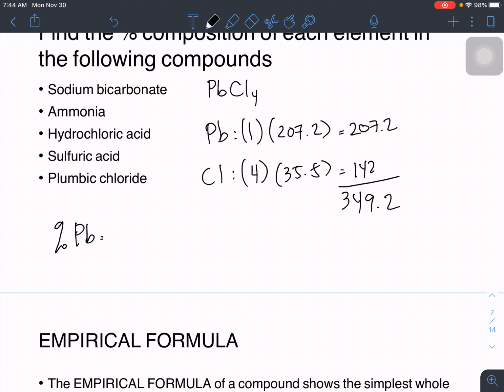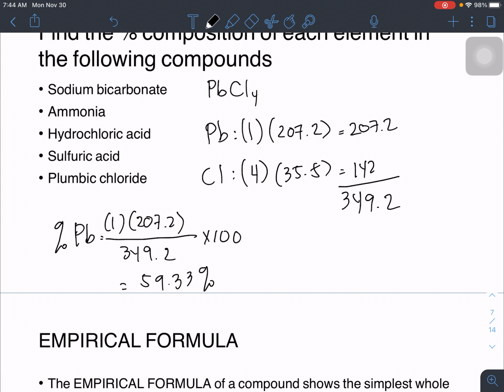Now let's find the percentage composition of lead. There is 1 atom of lead multiplied by 207.2 all over 349.2 multiplied by 100. The answer will be 59.33%. Next is chlorine.